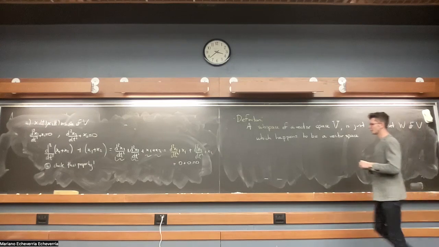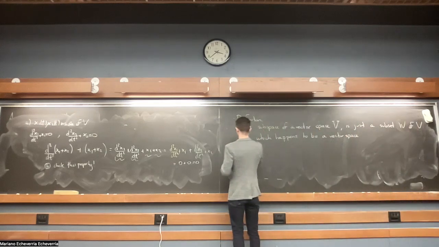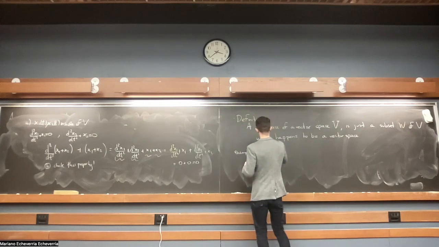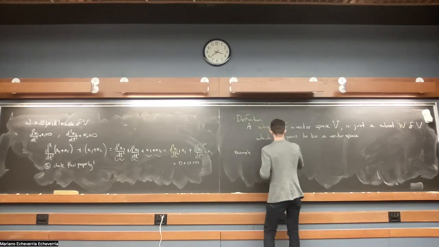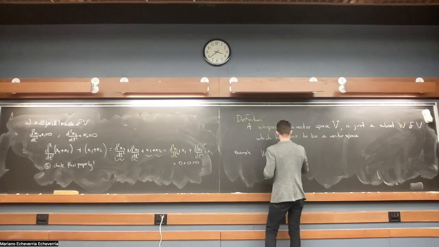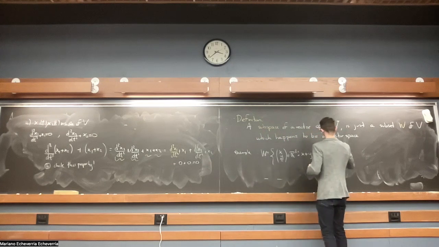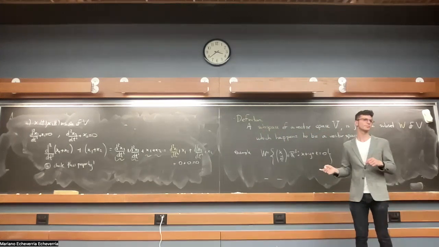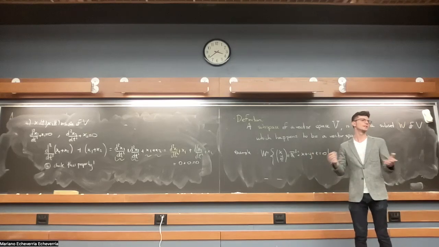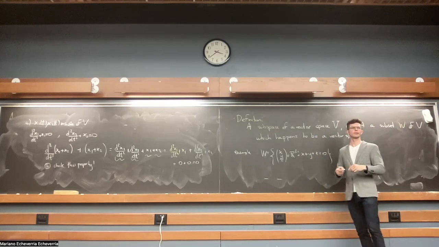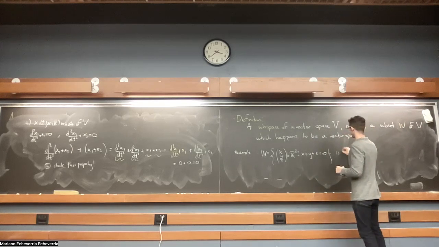So, for example, the W that I called the plane, this thing that we had seen was a vector space, you can also call a subspace of R3 because it is a smaller part of all of R3, right? A subset of it.